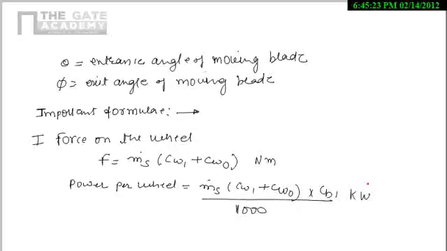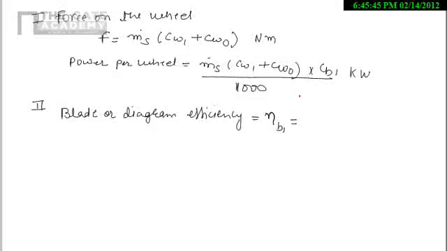Now let's take blade or diagram efficiency. I am writing another important formula, that is blade or diagram efficiency. It is denoted by eta B1, and the formula is 2CB1 into (CW1 plus CW0) divided by C1 square.